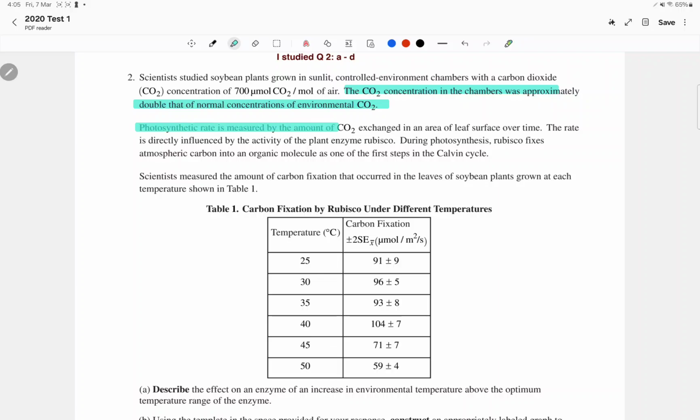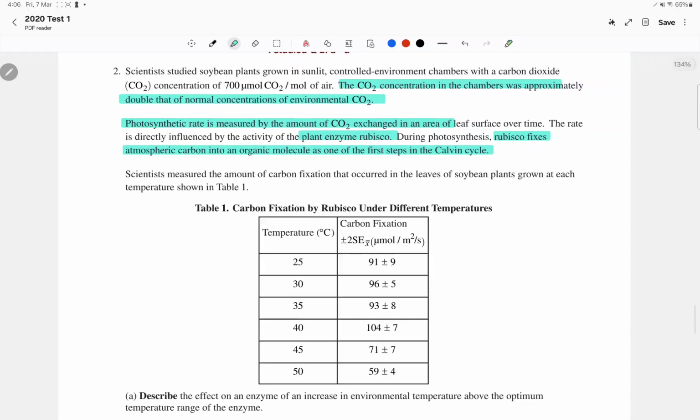By knowing how much CO2 was exchanged in an area of the leaf. The rate of photosynthesis depends ultimately on the plant enzyme rubisco. During photosynthesis, what does rubisco do? It's in the second stage. Yes, it will fix the carbon into a bigger molecule in the Calvin cycle.